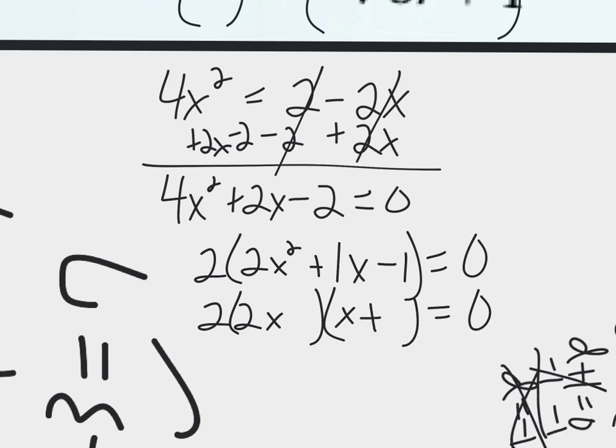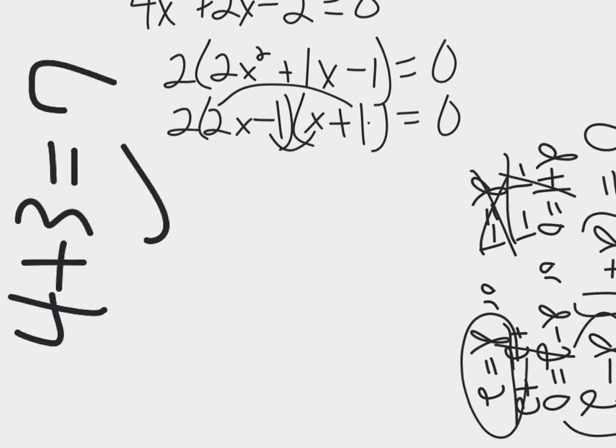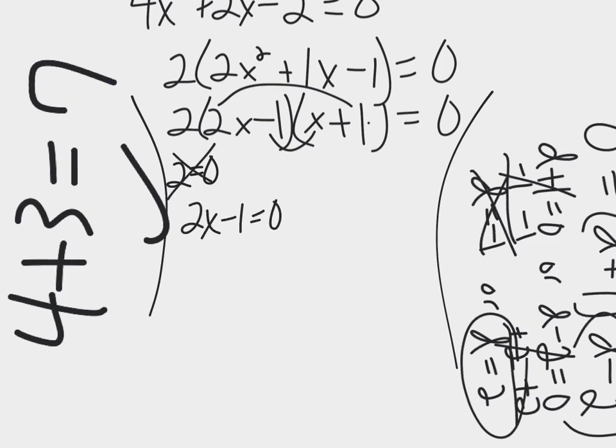Signs are going to need to be different, and we need more positives. So if we try it this way, that would be plus 2x minus 1x. That works. And so at this point, we can set our factors equal to 0. So either 2 equals 0, it doesn't. 2x minus 1 equals 0, or x plus 1 equals 0.